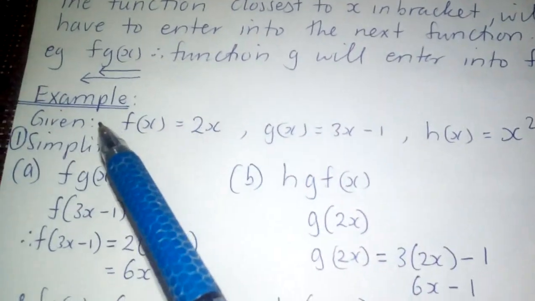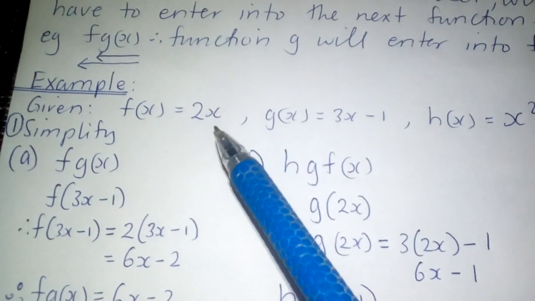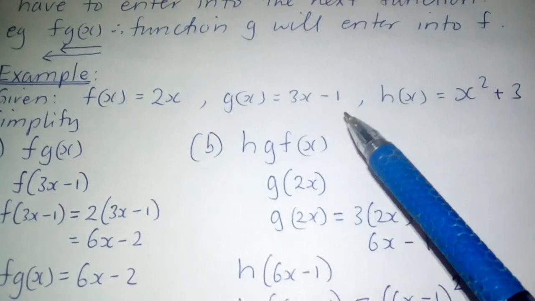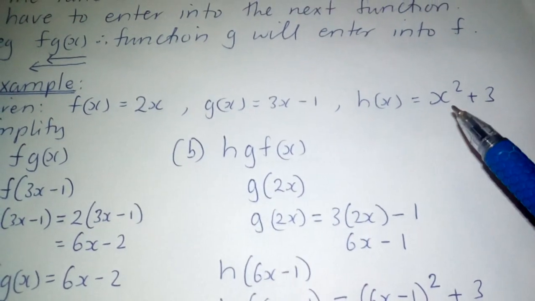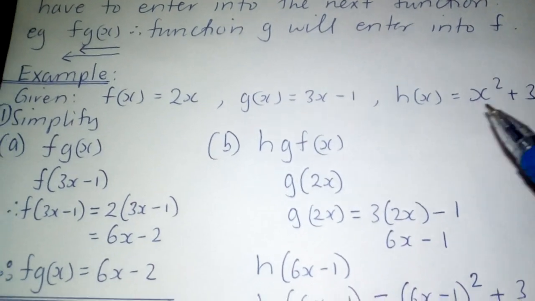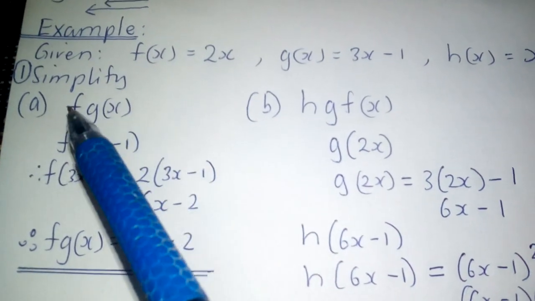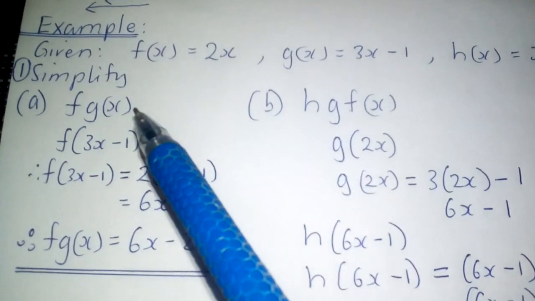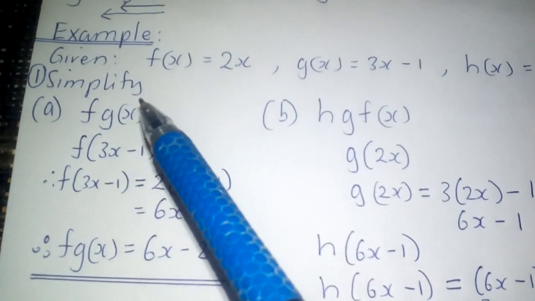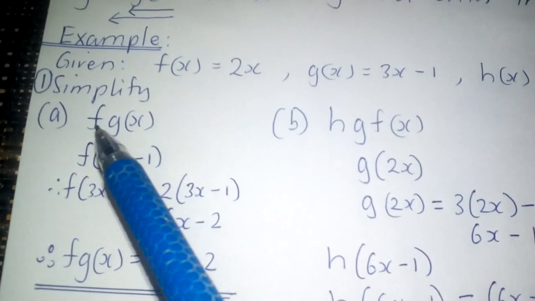As you can see, given f(x) is 2x, g(x) is 3x minus 1, h(x) is x squared plus 3. Now, if I have only one combination, as you can see, f(g(x)), this means the function of g will have to go inside of f.